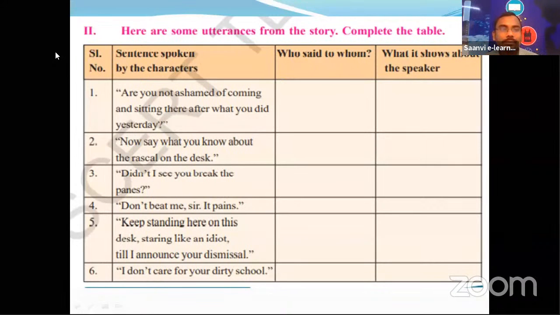Now we will go ahead with the vocabulary part. See here, the second bit. Here are some utterances from the story. Complete the table. The first one: are you not ashamed of coming and sitting there after what you did yesterday? Who said to whom? I request everybody to take a pencil and open your test book, page number 51.